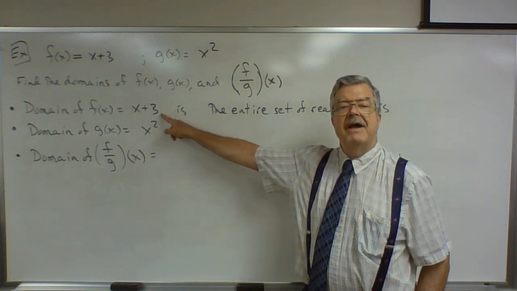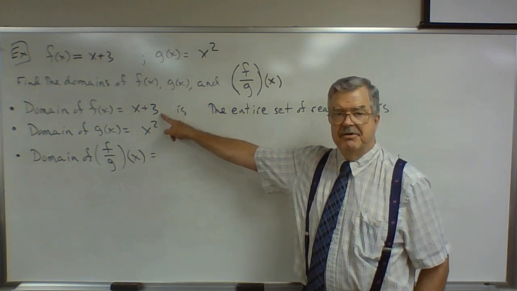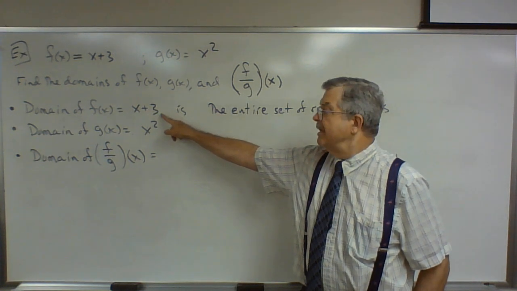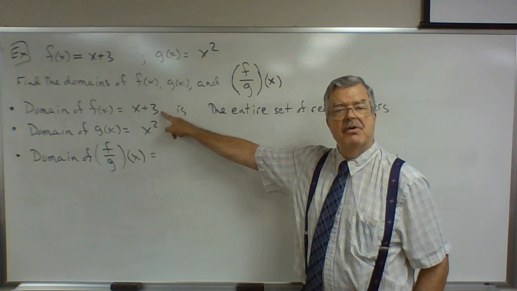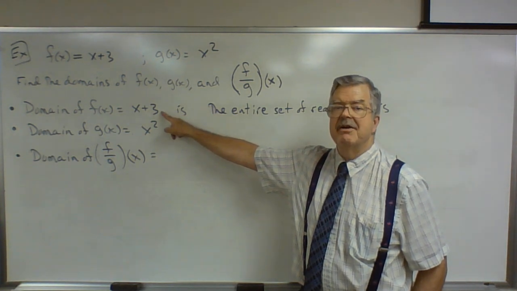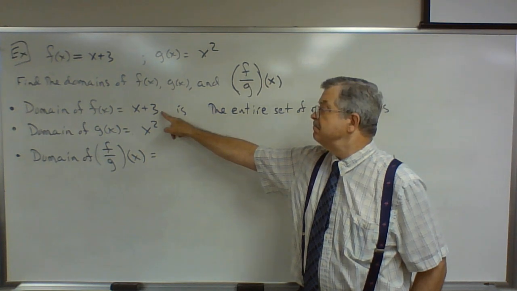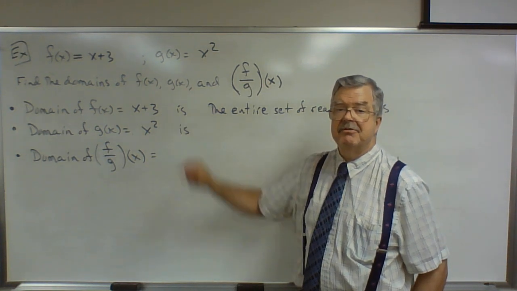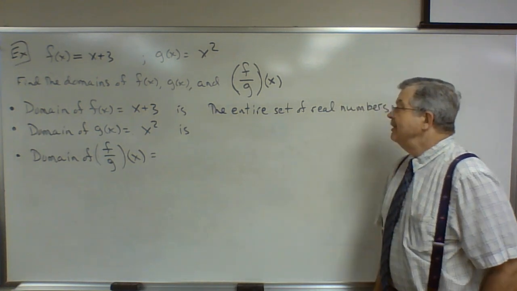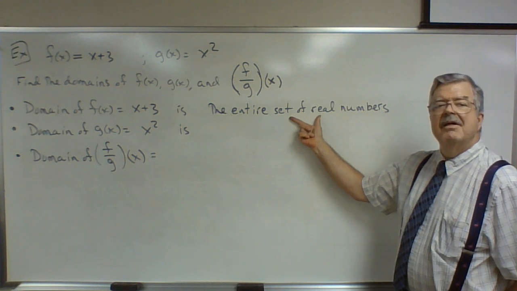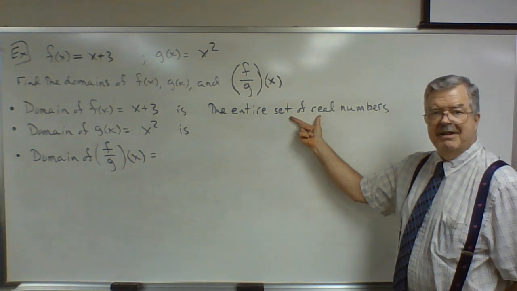Does any x value cause division by 0 here? No. Does any x value cause us to have a negative number under a square root sign or an even root sign? No, we don't have any square roots. We don't have any even roots. So, our initial assessment stands.